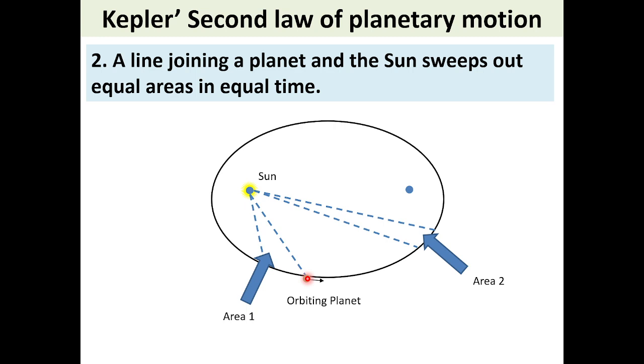After some time, for example, let us suppose after 30 days, this planet travels from this point of the orbit to here in 30 days. Initially the line was here, but the line is also moving because the planet is moving.